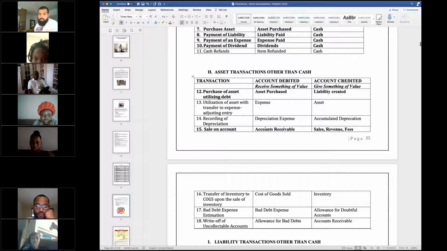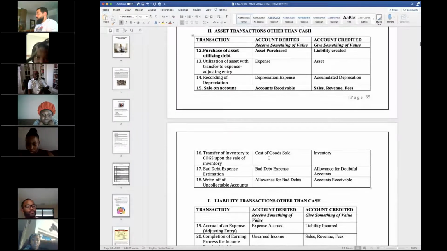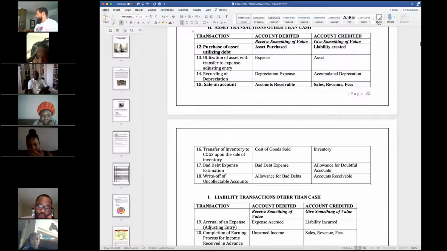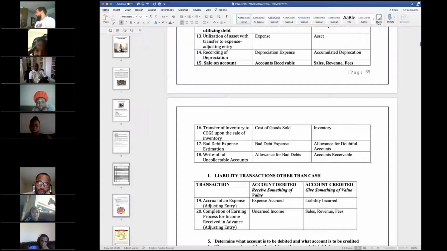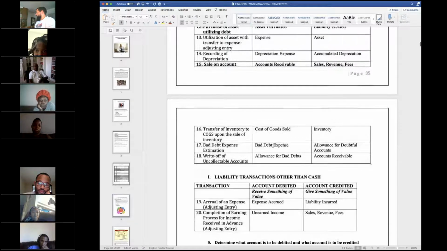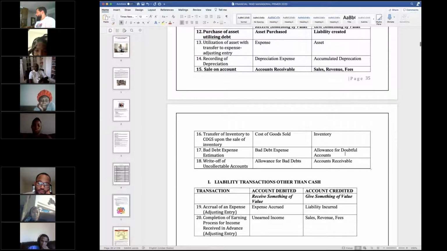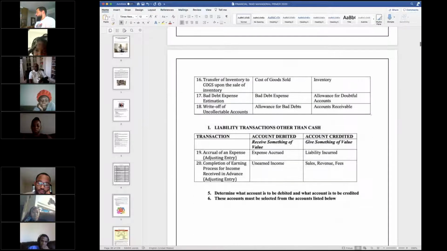So these are asset transactions that do not involve cash. Transfer of inventory to cost of goods sold upon the sale of an inventory. Bad debt expense. Write-off of uncollectible accounts. So all of these journal entries are here. And remember, you simply had to pick the journal entry and you were told what the debit or credit.